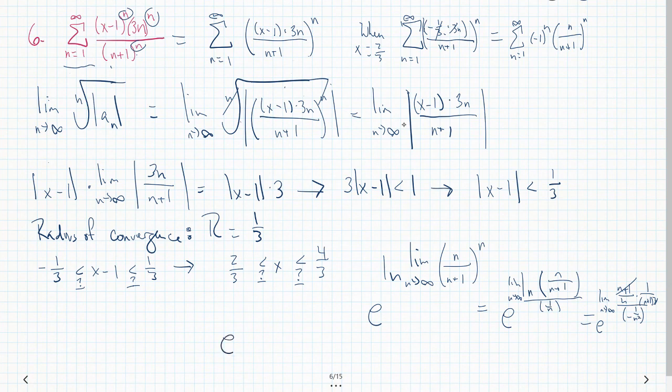So this thing becomes e to the limit as n goes to infinity of negative, and one of the squares will cross off with the n, so this becomes n over n plus 1. Notice that equals e to the negative 1, which means at the end of the day this is just divergent by the test for divergence.